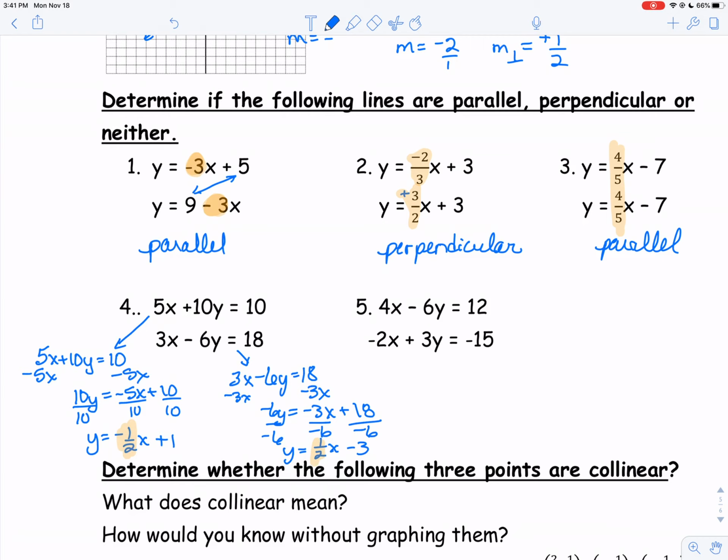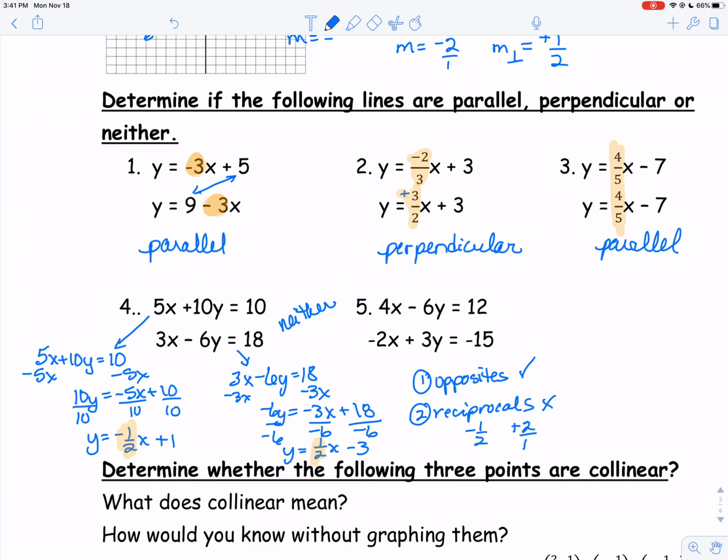The first thing is that they had to be opposites. So are they opposites? Yeah, one's positive, one's negative. Number 2, are they reciprocals? Well, the first one is -1/2. To be a reciprocal, this one would have to be 2/1. So that's not a positive 2/1. It's not a reciprocal. So that is not perpendicular. Also, the slopes aren't the same, so it's not parallel. So that's going to be neither.